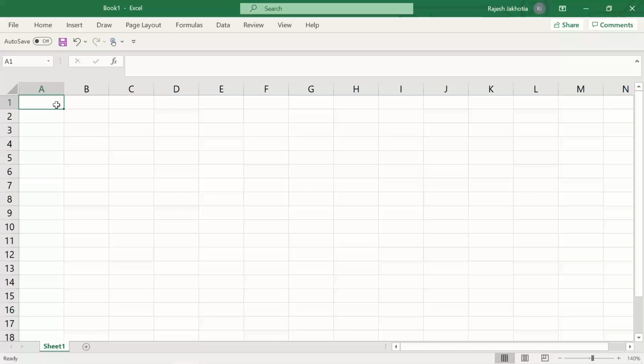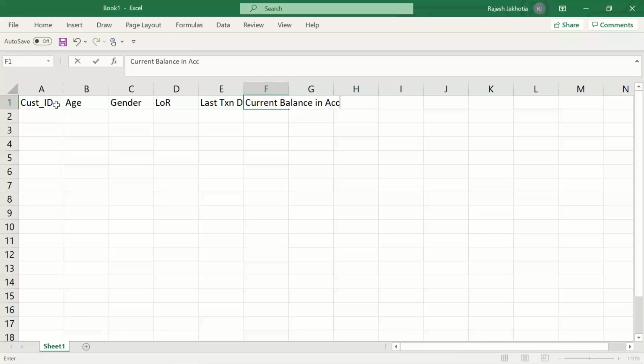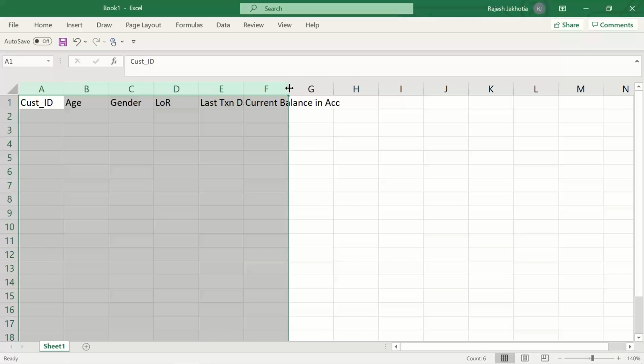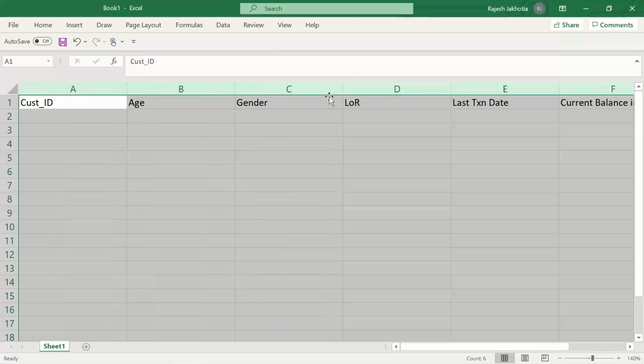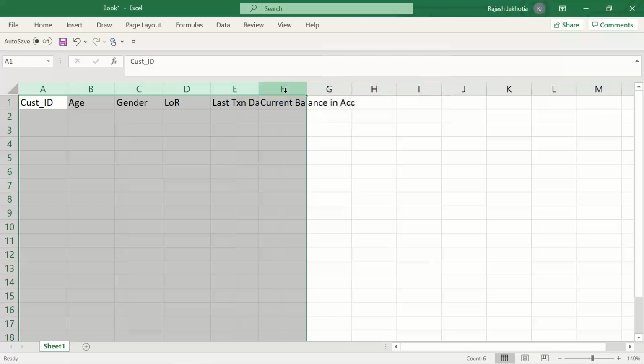So the customers to whom you would have campaigned, you would have some information like customer ID, age, gender, length of relationship, last transaction date, current balance in account. You can just imagine that you can have many variables about the customers.